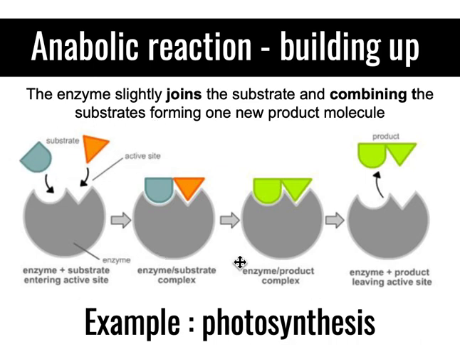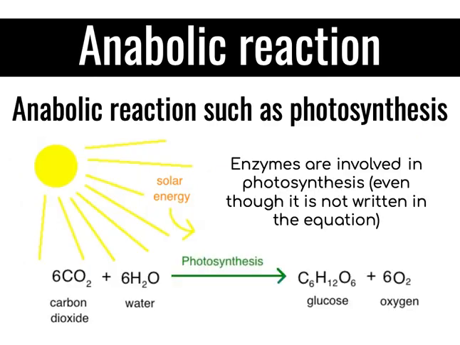One example of an anabolic reaction is photosynthesis. These are the equation of photosynthesis that I'm sure you know by now: these are the raw materials that you need for photosynthesis, and these are the products of photosynthesis.